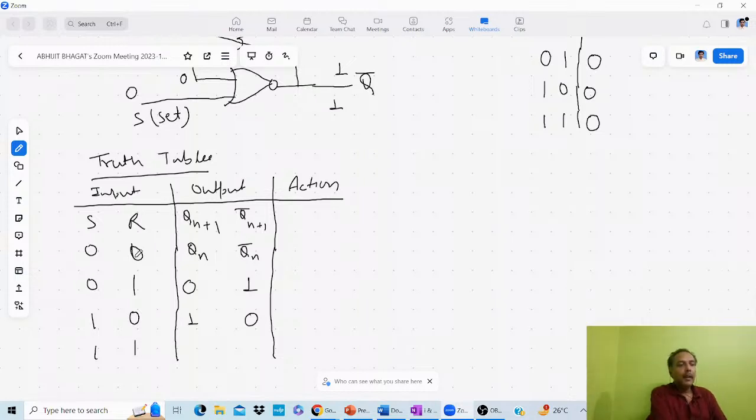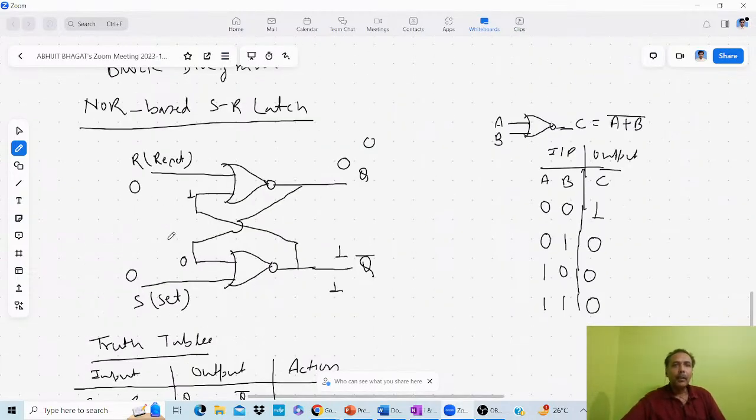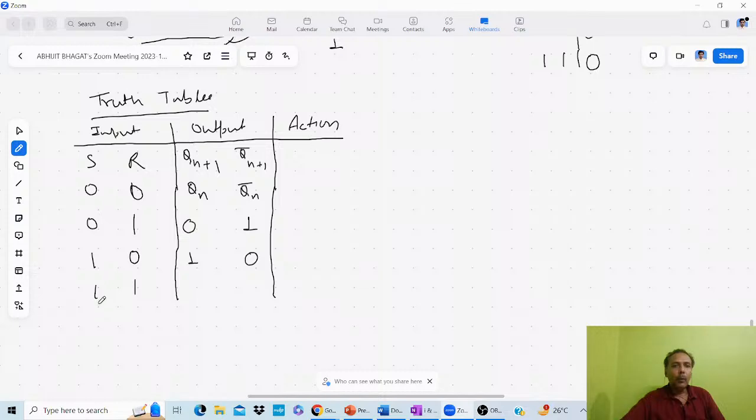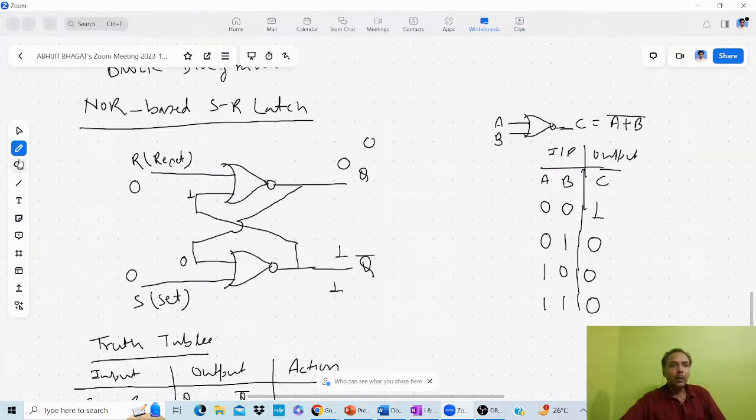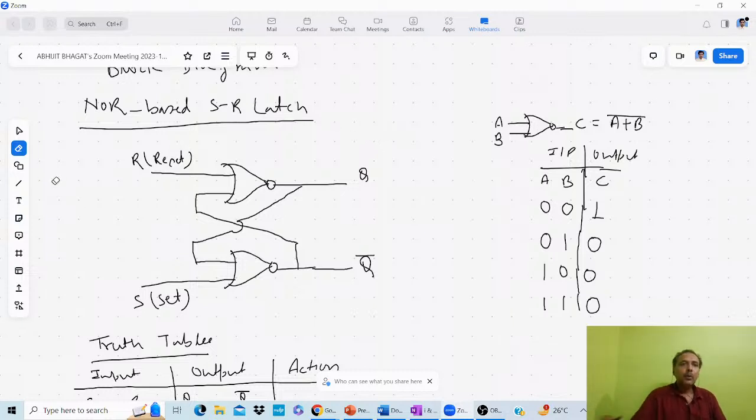Okay. Now next is 1 1. When you supply the 1 1 to the input side, to see what happens, first erase this 0. So it is 1 when your S and R is 1 1.